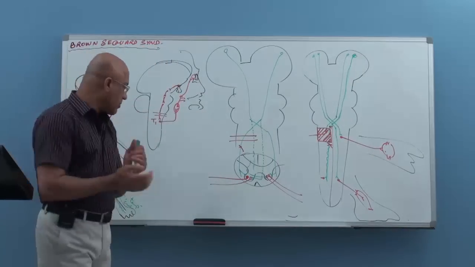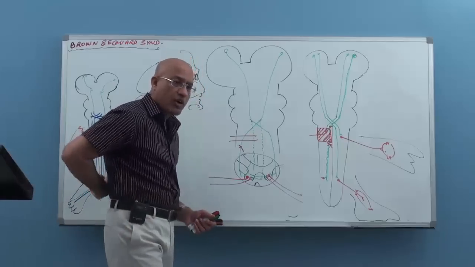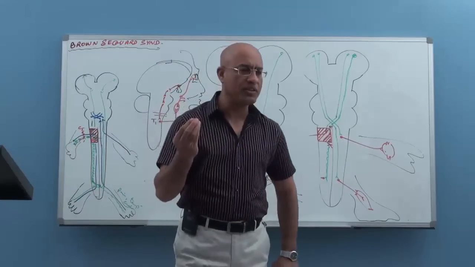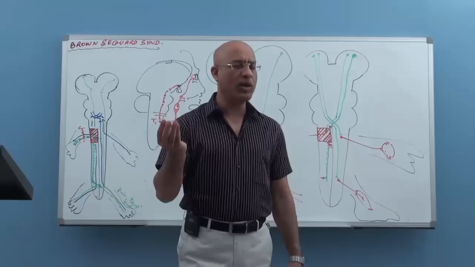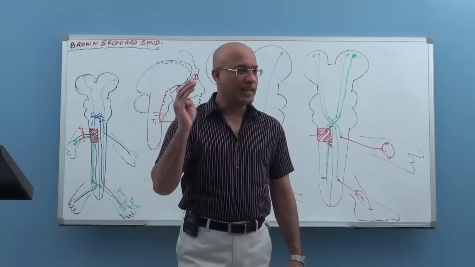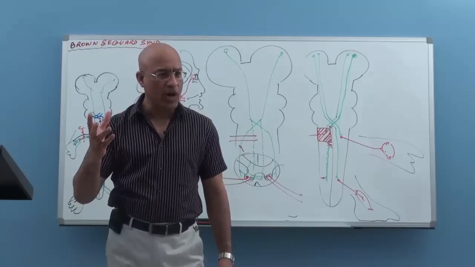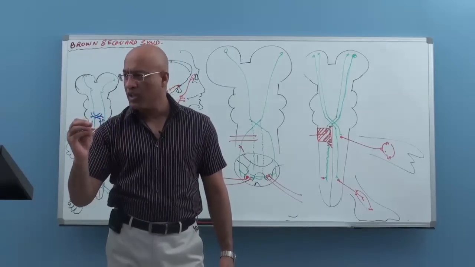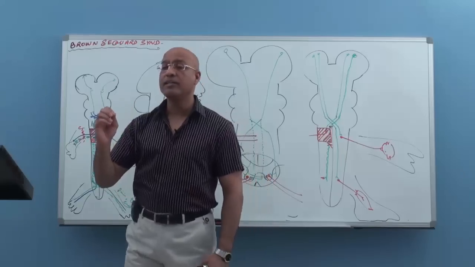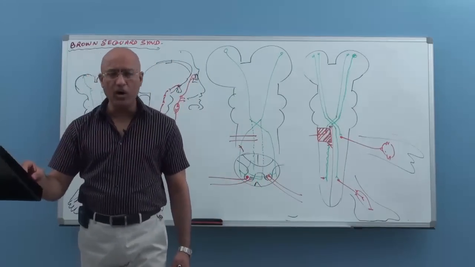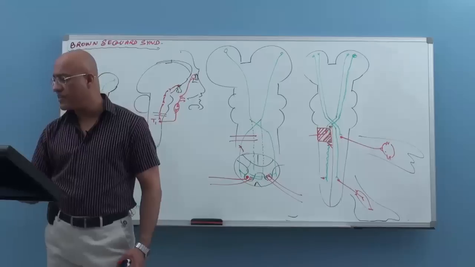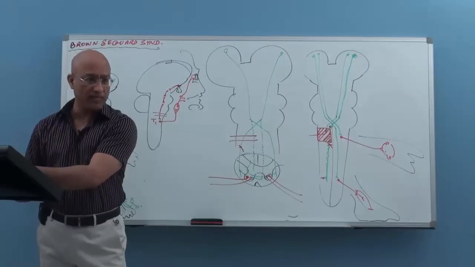Now what could be the causes? I told you the most common is trauma: stab wound, bullet injury, dart, kicks. Then there may be expanding tumors, disc prolapse, cervical spondylosis, multiple sclerosis, myelitis, or septic emboli.